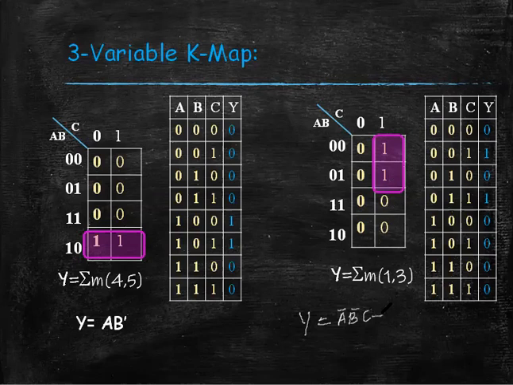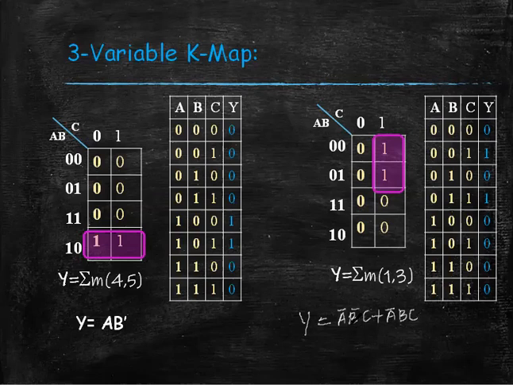For the second one, it is A bar B C. Then looking at the two terms, which variable is changed?